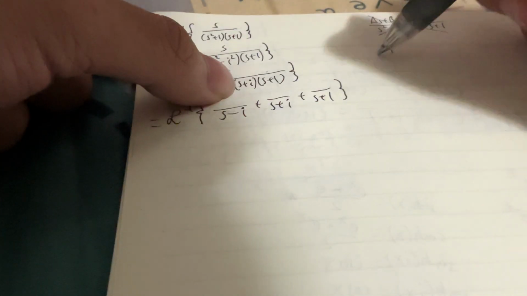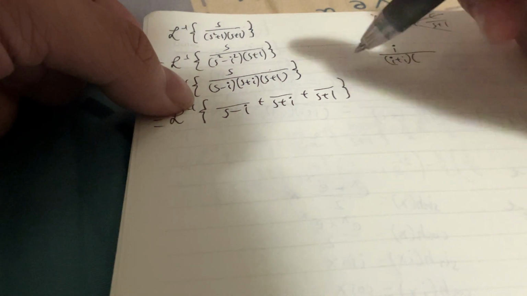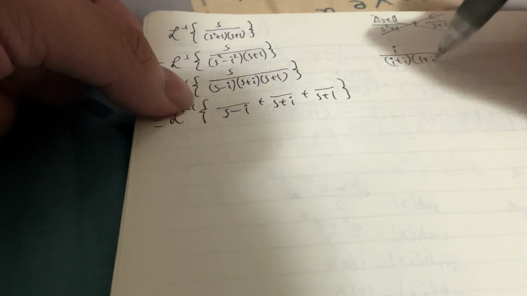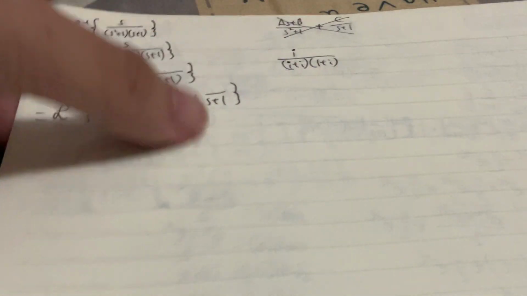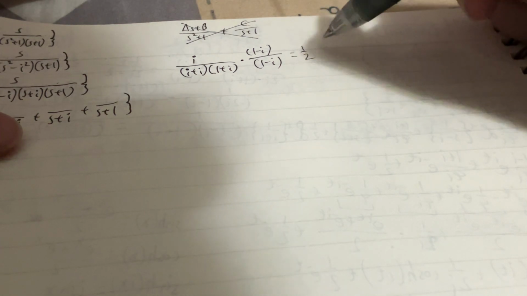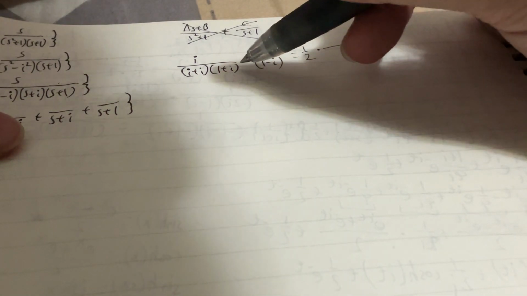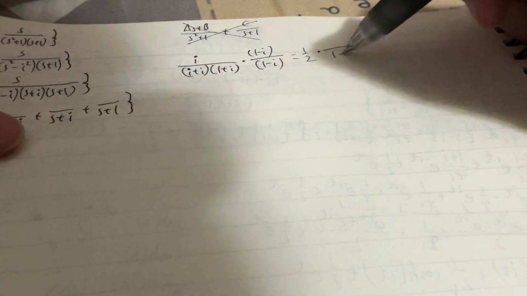So you get i over (i plus i) times, I'm going to write this as (1 plus i) here. And then i plus i is equal to 2i, and then i and 2i get cancelled. Then we multiply with the conjugate of 1 plus i, which is 1 minus i. You get 1 over 2 in front, cancelled i and 2i, and then (1 plus i) times (1 minus i), which is 1 minus i².